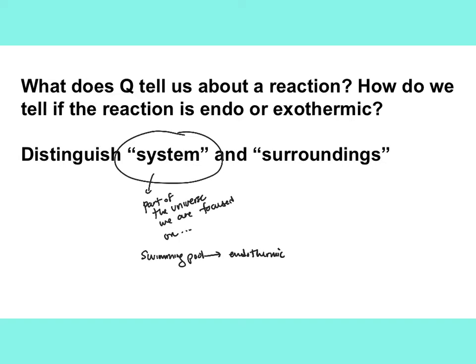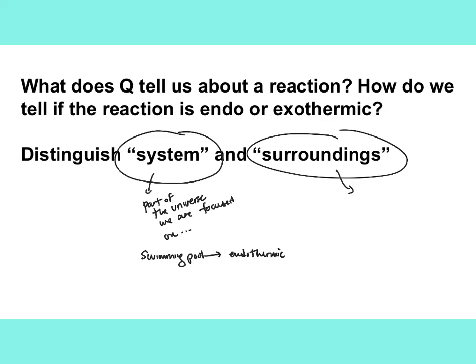On the other hand, you could also look at the surroundings in terms of where was the energy coming from. That energy had to come from somewhere, okay? And this is the rest of the universe.